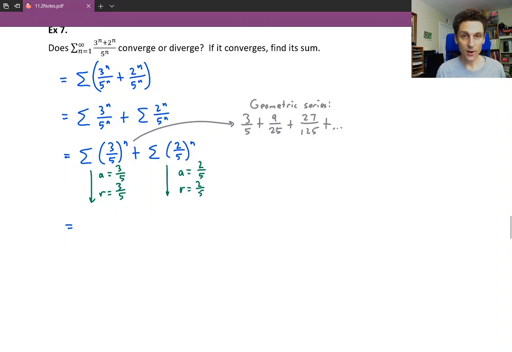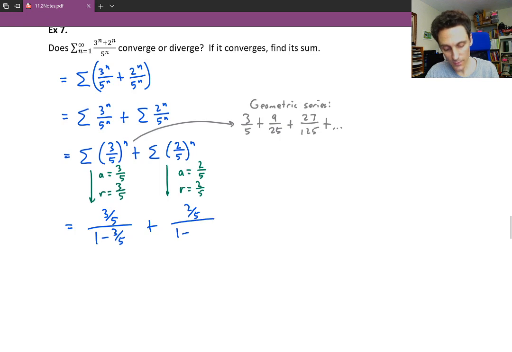We said that if r is between -1 and 1, it converges. And that's what is happening with these r's. They're proper fractions. So both of these series are going to converge, and they're going to converge to a over 1 minus r. That's what we figured out. So we have 3/5 over 1 minus 3/5, and 2/5 over 1 minus 2/5.